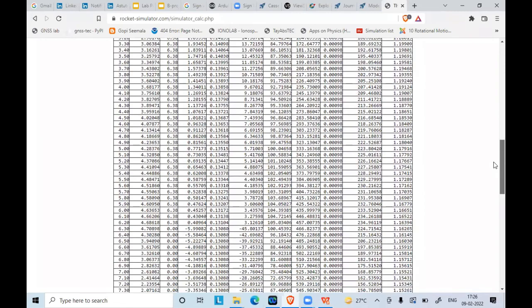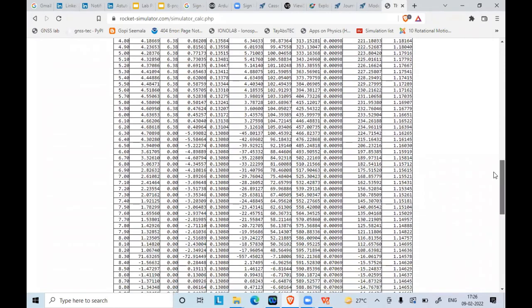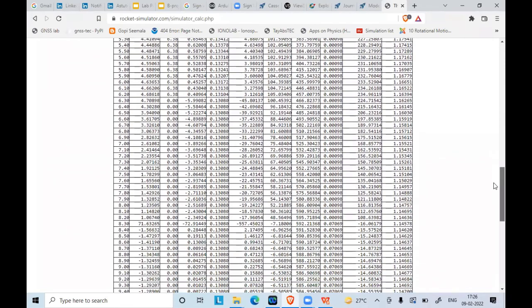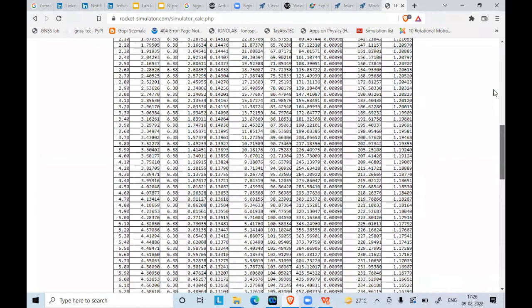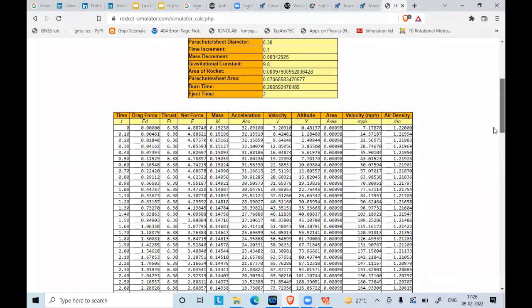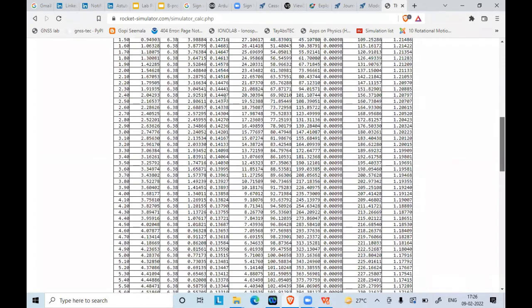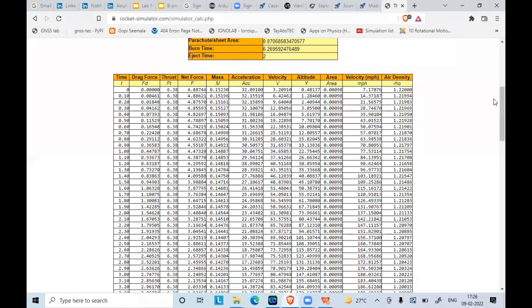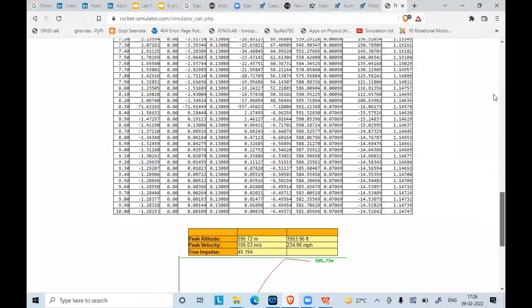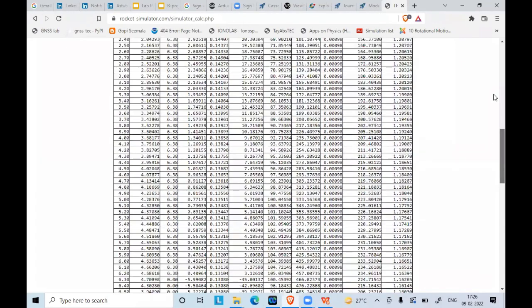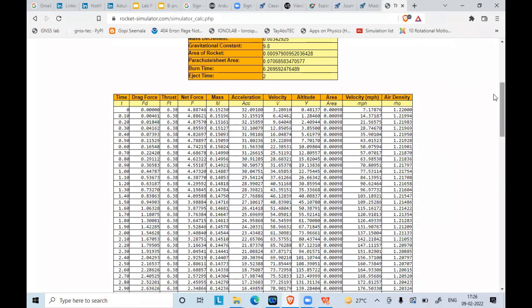When you open the parachute, the drag force is of course the highest, and then the rocket starts landing. You can also see how the mass changes as a function of time because you are losing fuel, so the effective mass of the rocket changes with time, and so does the acceleration.